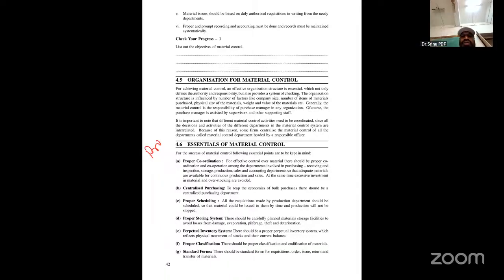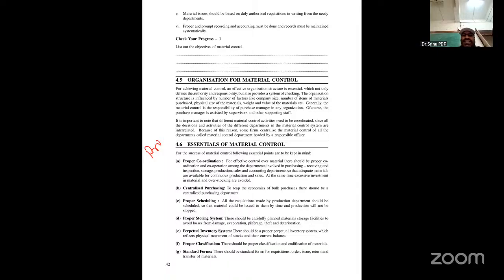And how is this coordination going to happen? The production department will give the order to the purchase department, and the purchase department will buy it. So the purchase department, the production department, and the finance department, these three departments' coordination is required.